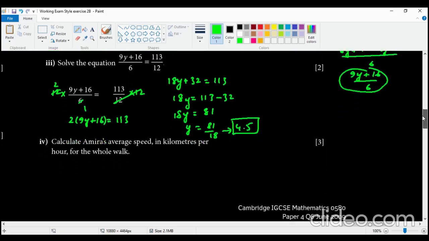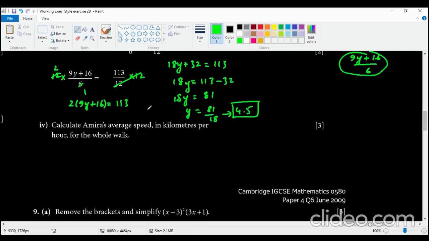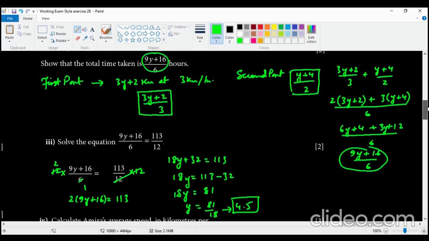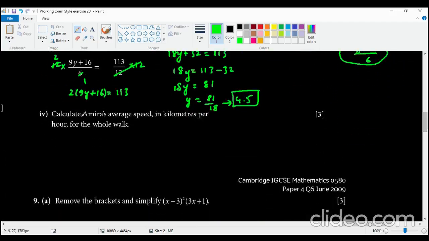Since we know the value of y, we need to calculate Amra's average speed in kilometers per hour for the whole walk. So in here we know very well that 3y plus 2 is the first part, and in the second part it is y plus 4.